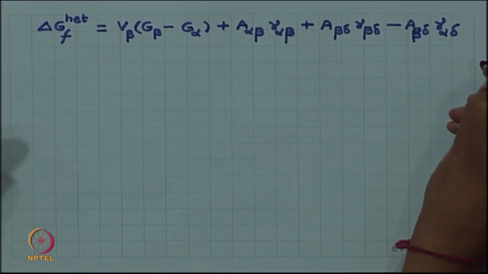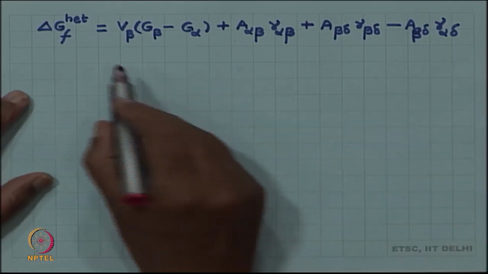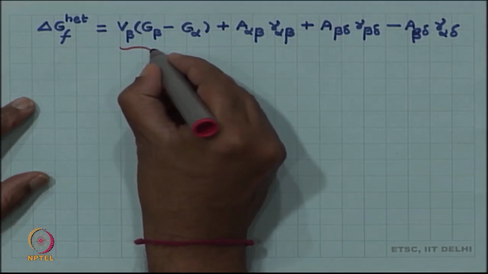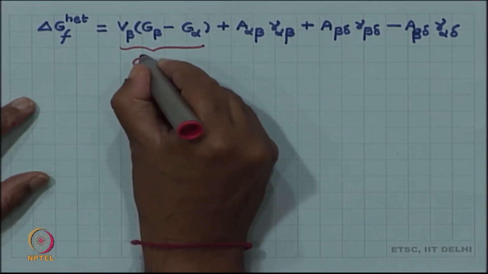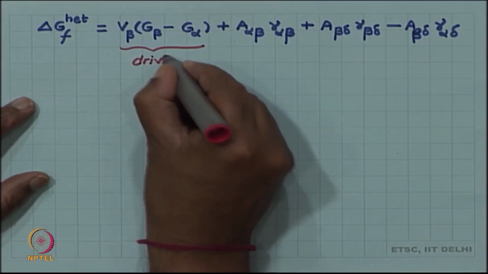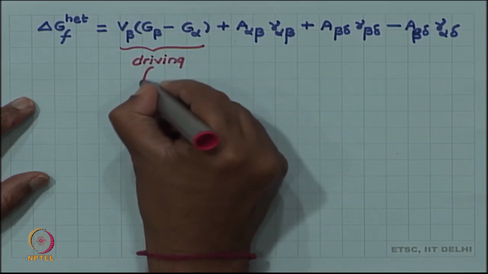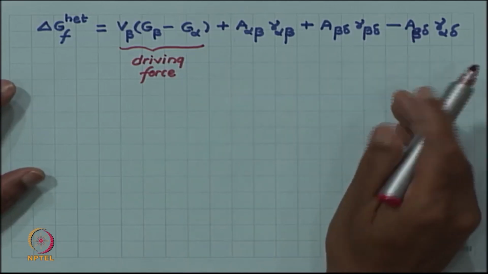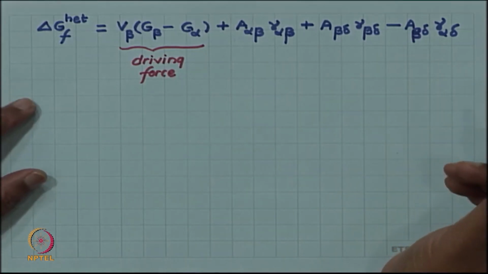Recall that in homogeneous nucleation the volume energy was the driving force. So, here also volume energy is the driving force. And there the surface energy was a barrier to nucleation.